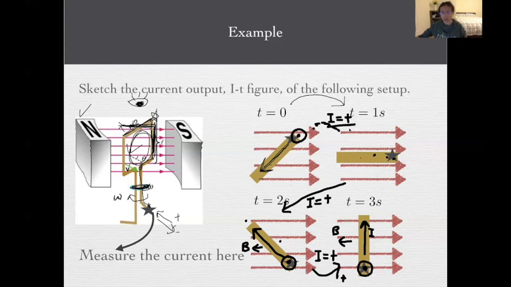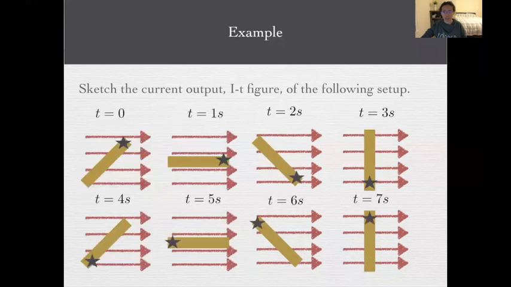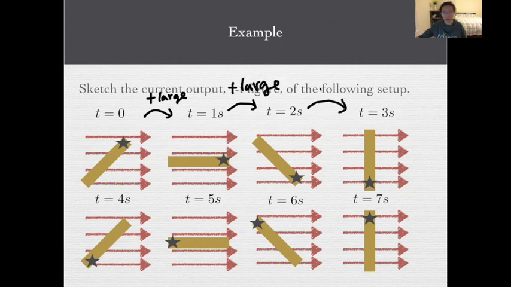So I would say this one and this one have a greater current than this one, but they are all positive. Make sense? All right. So if I go from here to here, we say it's very positive. Same here. Same here, positive, but slightly smaller.